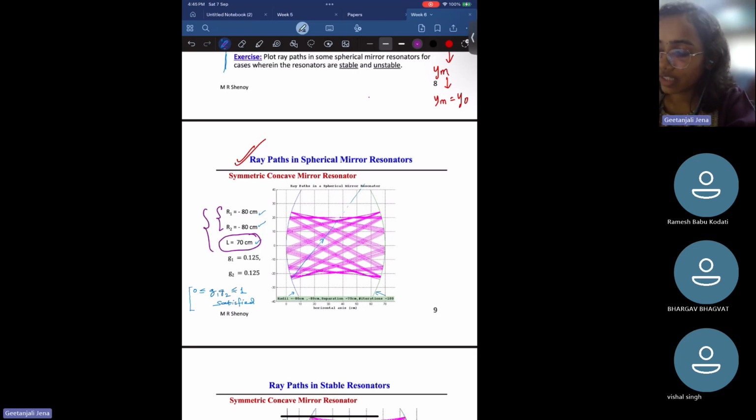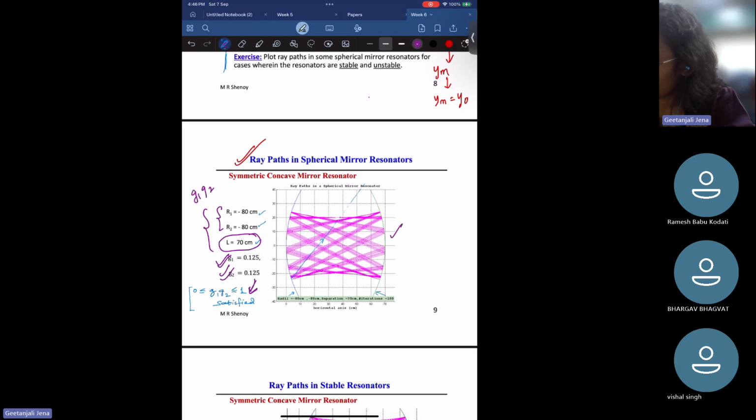Using this equation, you can easily find the values of G1 and G2. The G1 and G2 we got are 0.125 and 0.125. So this easily satisfies the stability condition, which means the ray will be confined inside this resonator.